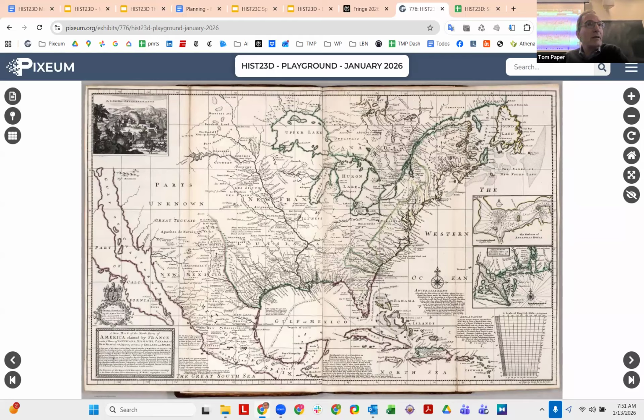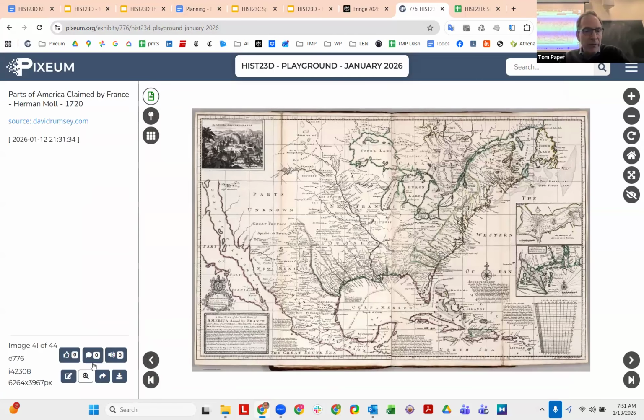Sound like a plan? I encourage you to take the map and push it into Google Lens and look around it. Use your AI tool. And especially think about estimation and speculation, and also the design of the map.